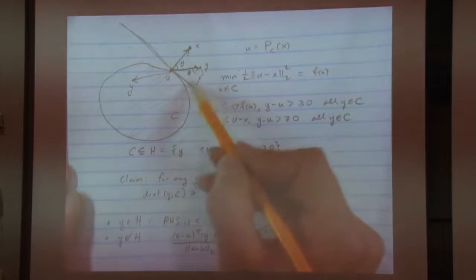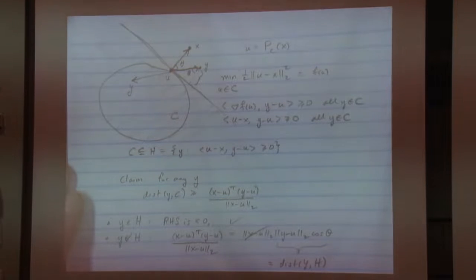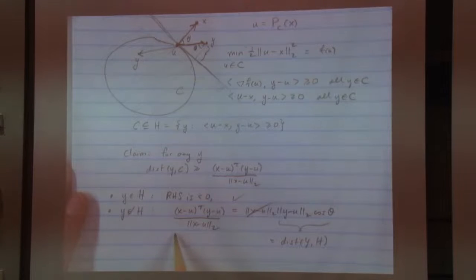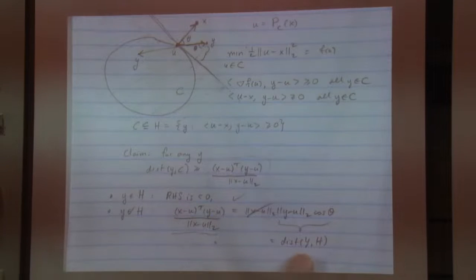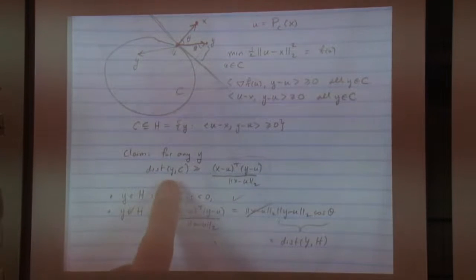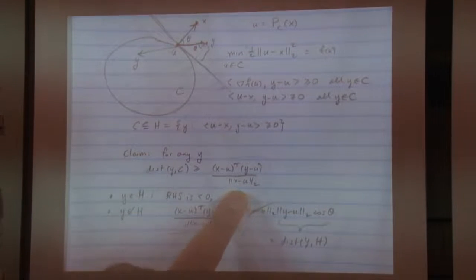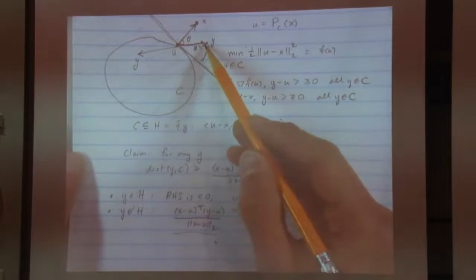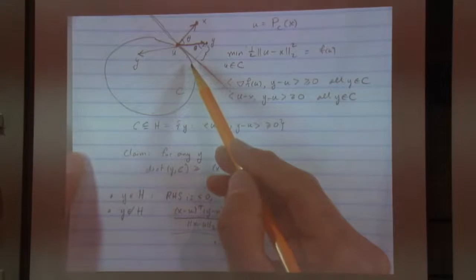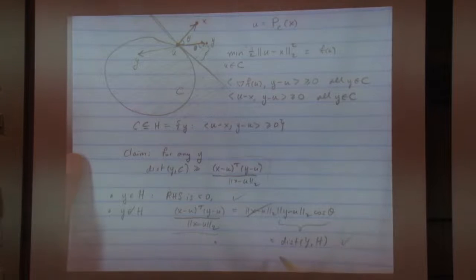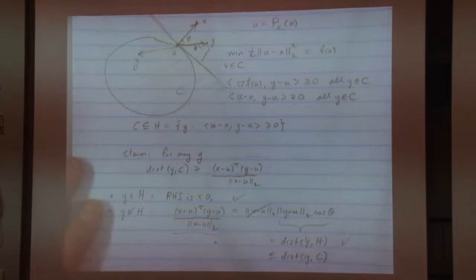Look, it's just the distance between y and the half space. Okay. All right, so now we've shown that this quantity, which is the mysterious quantity I had on the right-hand side, is actually explicitly the distance between y and the half space. The half space contains C. So clearly the distance between y and C has to be bigger than or equal to the distance between y and the half space. Right, if you look at this picture, the distance between y and C might be something here, but the distance between y and the half space is going to be smaller than that. Okay, so this is less than or equal to the distance between y and C. Okay, so now I've established this claim.